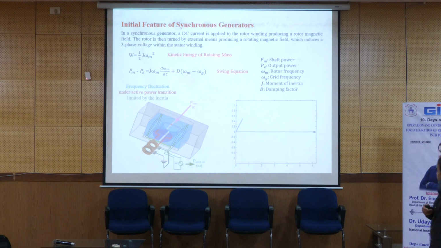So we have kinetic energy from this rotating mass, which supports the stability of the grid.